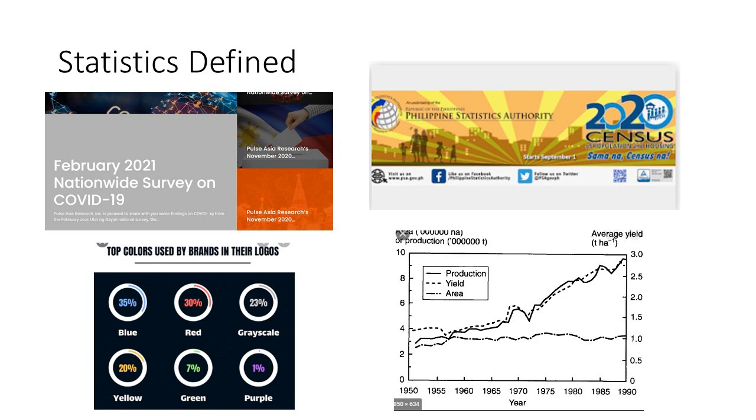I'd like to start with giving you examples before we define statistics. So on the slide you have different images employing different methods of statistics. That's the common thing about all the four images.